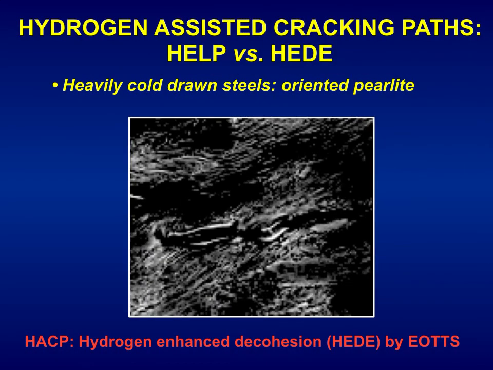With regard to the most heavily drawn steels, the hydrogen-assisted cracking paths in commercial prestressing steels with oriented pearlite show evidence of delamination, and in this case we have hydrogen-enhanced decohesion, HEDE, by a kind of enlarged and oriented TTS, EOTTS. We have the two different mechanisms, HELP in slightly drawn steels and HEDE in heavily drawn steels.